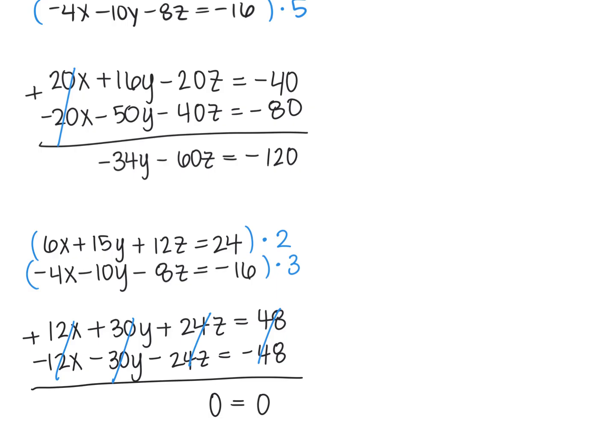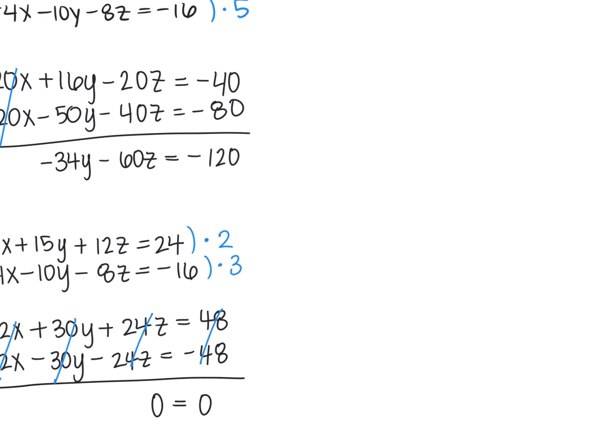Similar to when we were solving a regular system of two equations, if everything cancels and you're left with a true statement like 0 equals 0, then we're going to have infinitely many solutions.